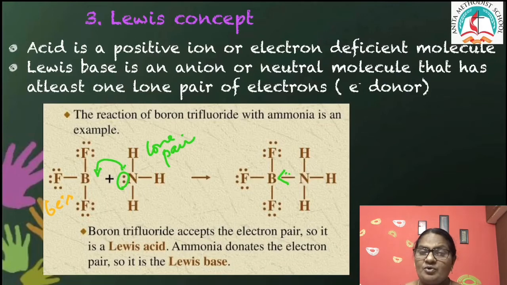Here ammonia is the donor and BF3 is the acceptor. So according to the Lewis concept, a substance which donates the electron pair is a base and a substance which accepts the electron pair is an acid. So ammonia is the Lewis base and BF3 is the Lewis acid. Let's try to understand with 2 more examples.